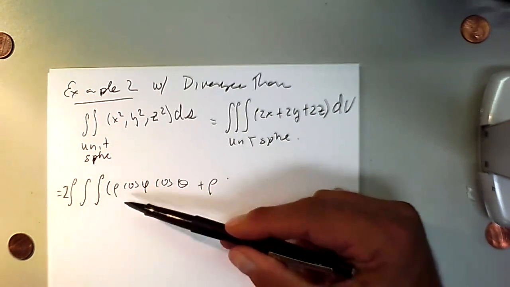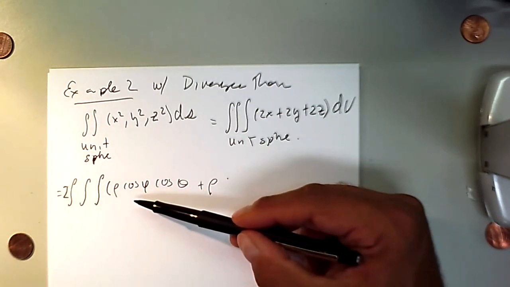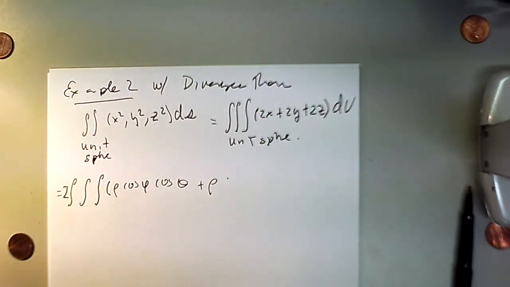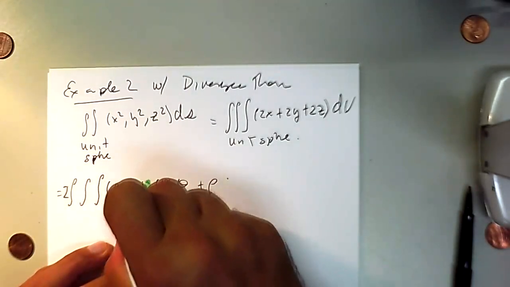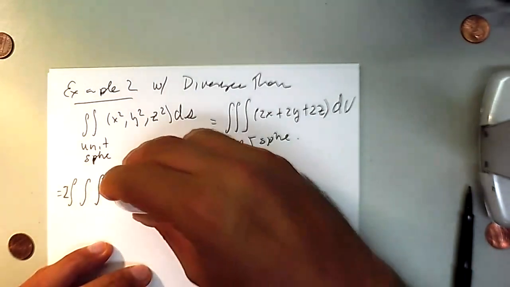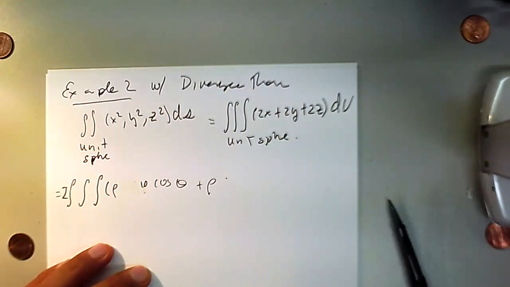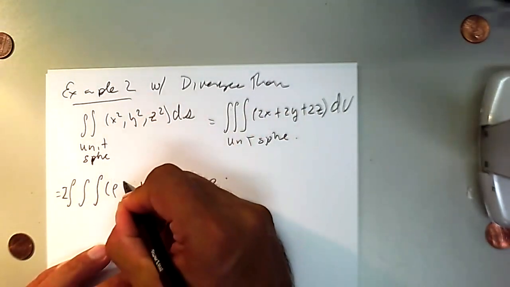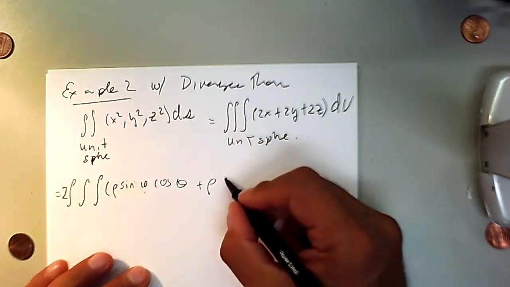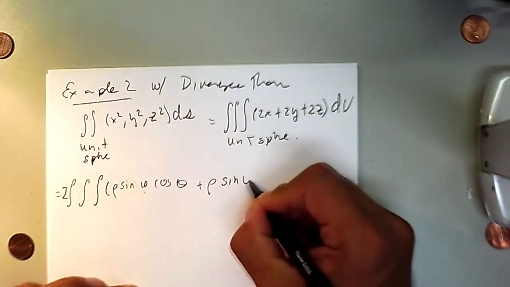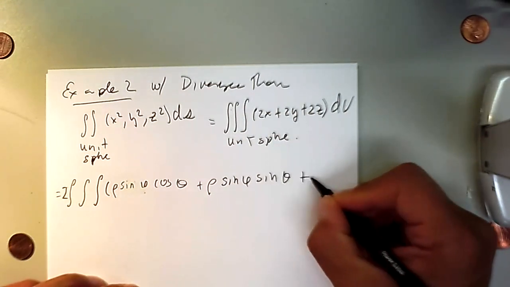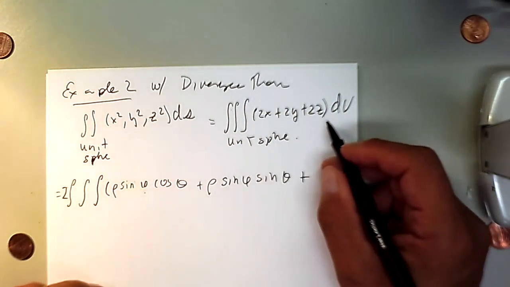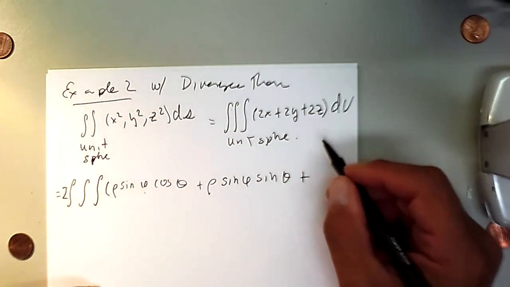Cosine of theta, sine of phi, this should have been sine of phi. Sine phi, because here we have to have sine phi again, and then sine theta plus z, which is cosine of phi.